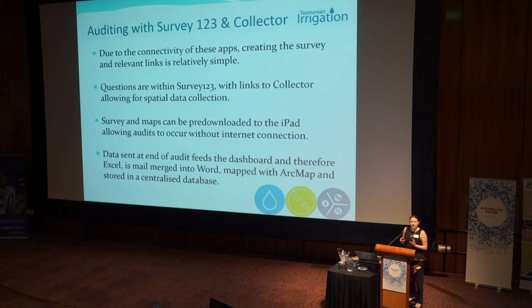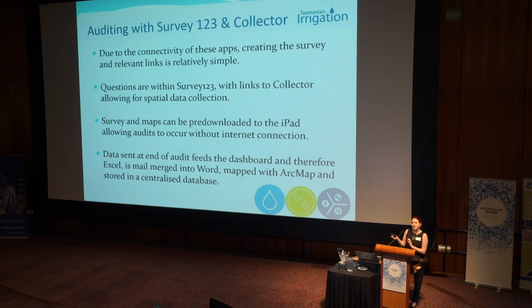So after a couple of different things we looked at, we ended up with Survey 123 and Collector, which are both Esri apps and available on the App Store. Any iPad or iPhone can run them really easily. Survey 123 itself can't handle much spatial data. It can only handle one location point. It can't handle polygons at all, whereas Collector's really great with spatial data and polygons, but when it comes to questions, it's quite brief what you can put in.